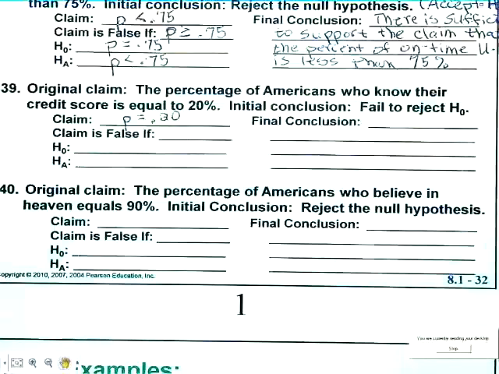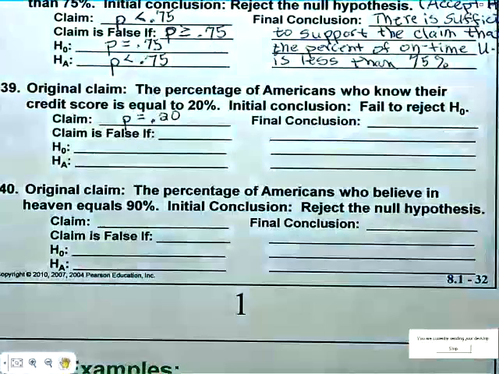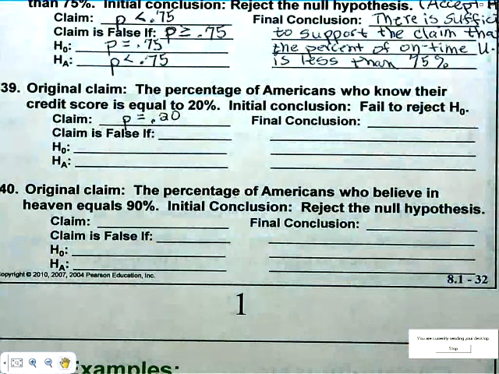Now, almost any time you say proportion is exactly something, there's not going to be enough evidence to support that. I mean, you can say that the percentage of people who know their credit score is less than 20% and be correct, or greater than 20% and be correct, but exactly 20%, that would be hard to hit dead on.